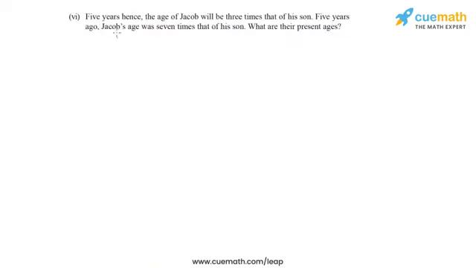The sixth and the last part of this question says 5 years hence. Hence means later. So 5 years later, the age of Jacob will be 3 times that of his son. And 5 years ago, which means 5 years in the past, Jacob's age was 7 times that of his son. What are their present ages? So the two unknowns in this problem are clearly the age of Jacob and the age of his son.